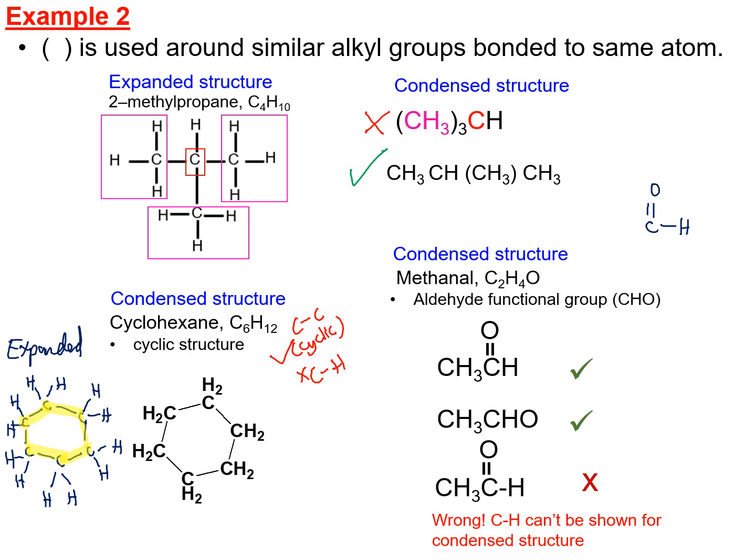But again, for a condensed structure, if it is a carbon-hydrogen single bond, you need to hide it. So that's why when you hide it, it becomes C double bond OH like this. And it only has two carbons. So this carbon is the functional group for the aldehyde, C double bond OH. An aldehyde always has C double bond OH at the end. So here it tells us there are two carbons.